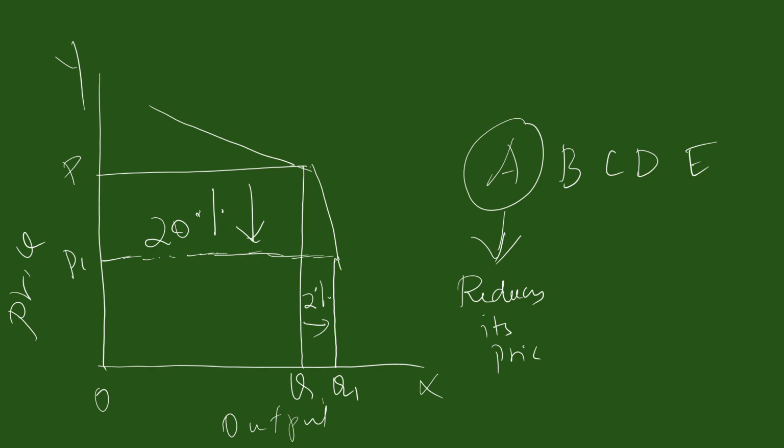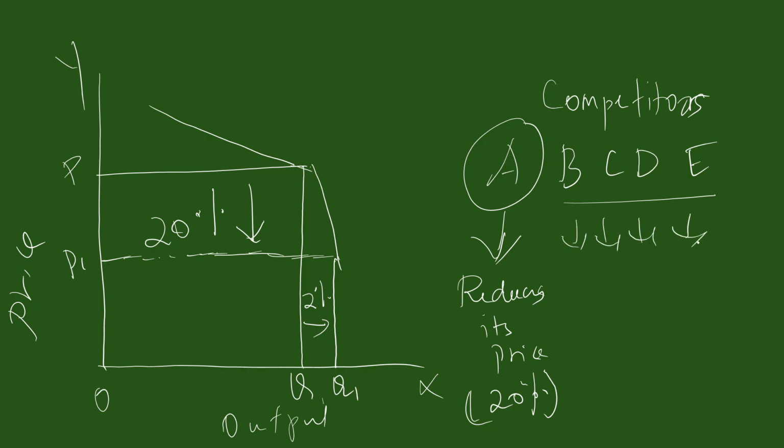The reason behind this is that we have very few firms A, B, C, D, and E, all competitors producing the same product. Now A has reduced its price to the maximum level, for example about 20%. The other firms will also see this, and they will also decrease their price. A expects that as it has reduced its price, all the consumers will come to A, but that is not the case.